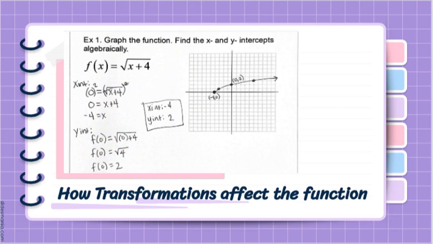To figure out the x-intercept, you would make y equal 0, so 0 equals the square root of x plus 4. To solve, you would cancel out the square root by the power of 2 and solve normally as if it were a linear function, so it will be 0 equals x plus 4. Once solved, it will equal x equals negative 4.